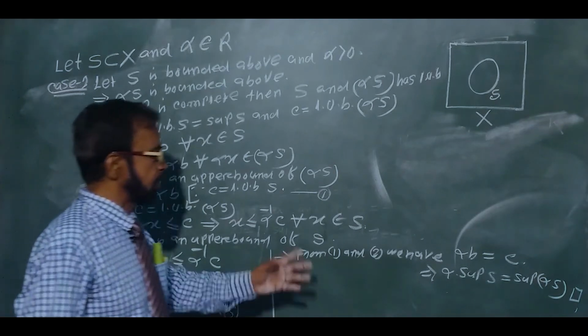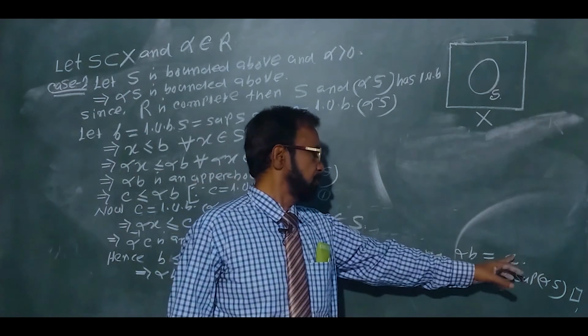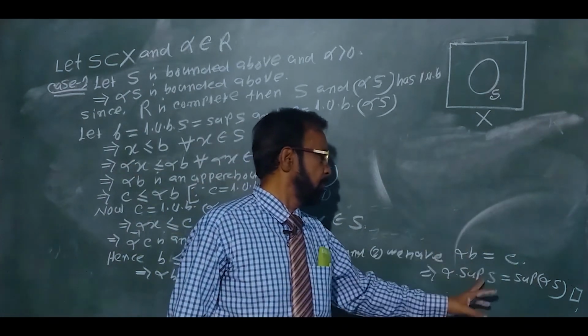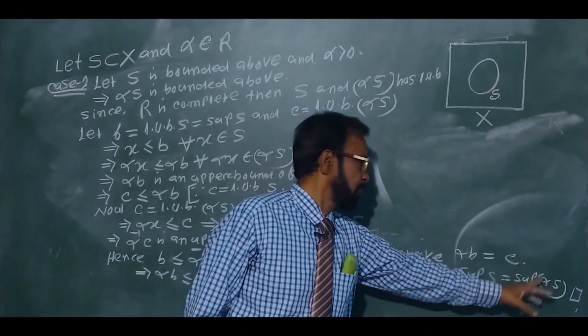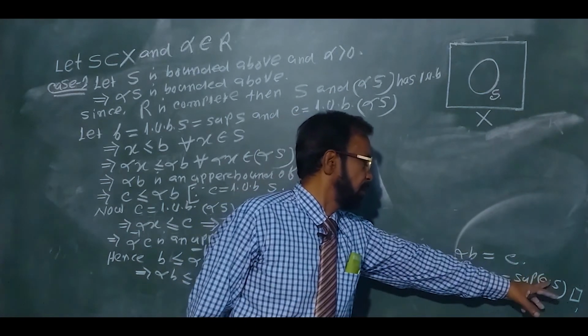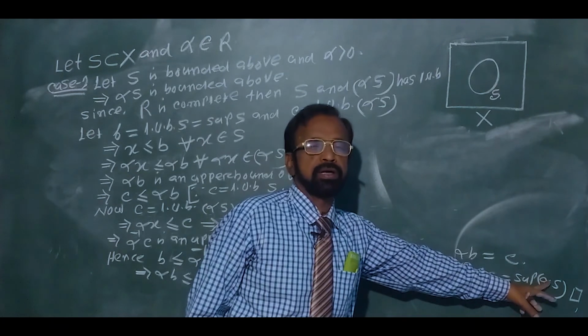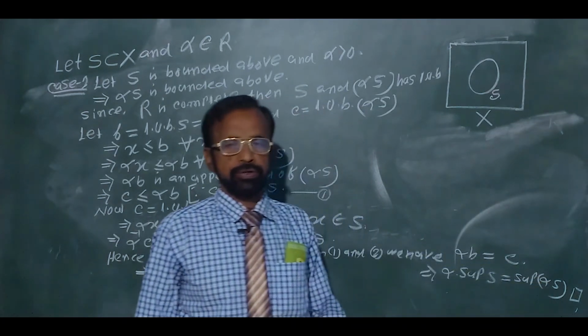From equations 1 and 2, we have alpha B equal to C. So alpha times supremum of S equals supremum of alpha S if S is bounded above and alpha is greater than 0. This is case 2.